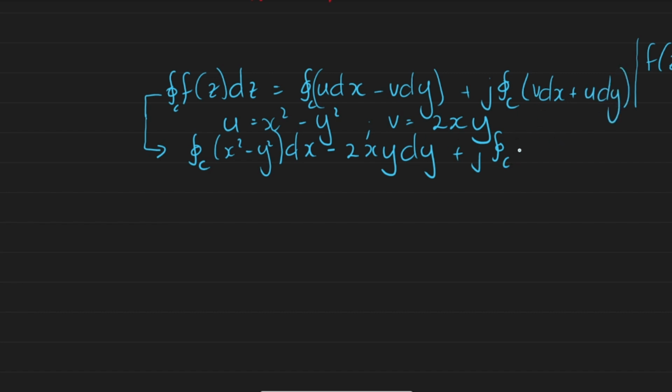So v, we have 2xy times dx, and we have u, that's x squared minus y squared, dy.